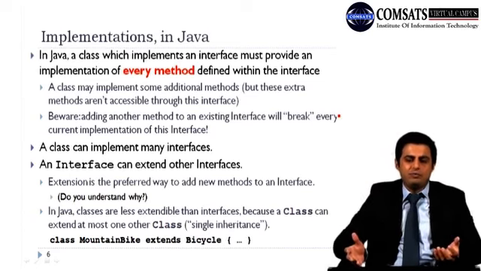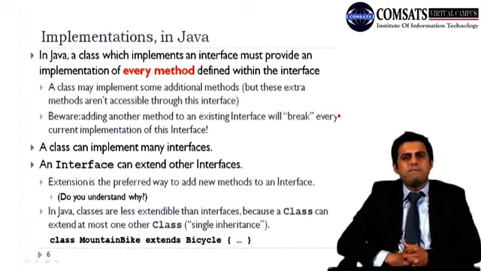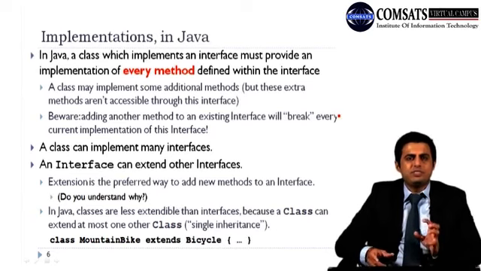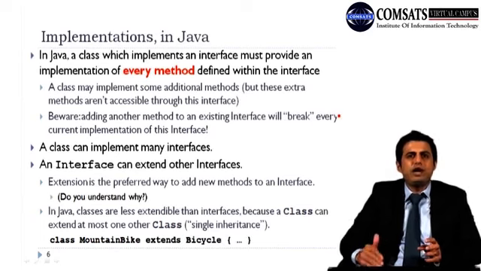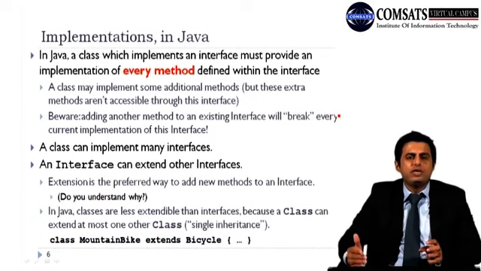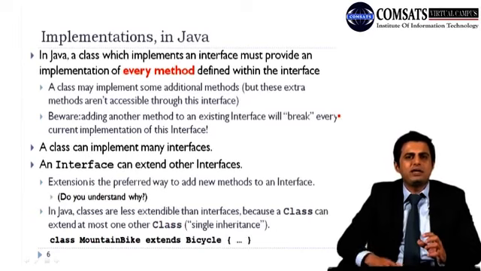So why should you take care of this? Because if you have declared classes which are going to have all the methods in the interface, and then suddenly you want to add another method to the interface, then the system will not remain consistent, because that additional method will not be reflected in all the implementing classes, since implementing classes have only those methods which were previously declared in the interface.